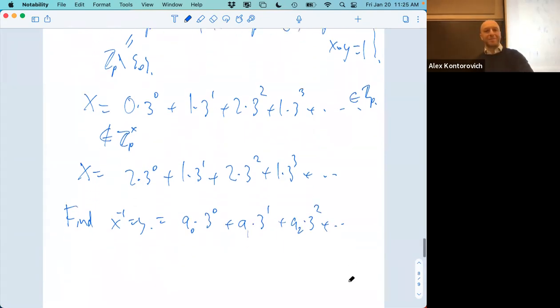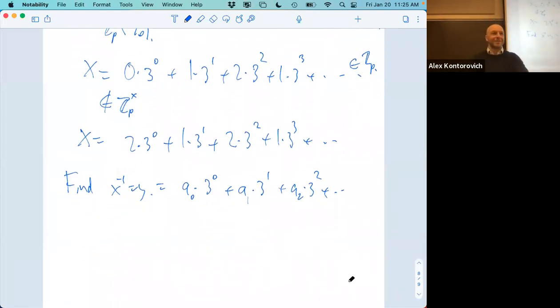How could we do this? First, let's look mod 3. So x times y mod 3: mod 3 means all of the higher terms are gone. So x times y mod 3 is 2 times 3 to the 0 times a0 times 3 to the 0.